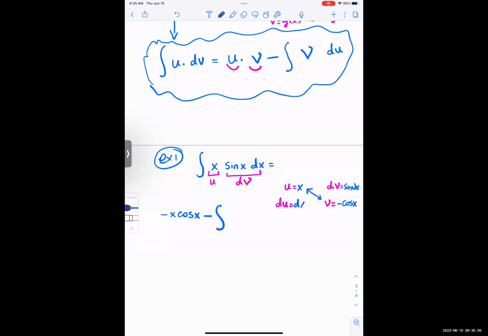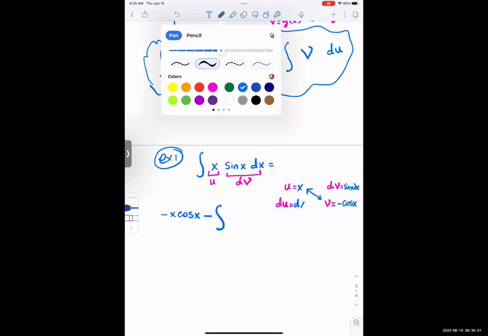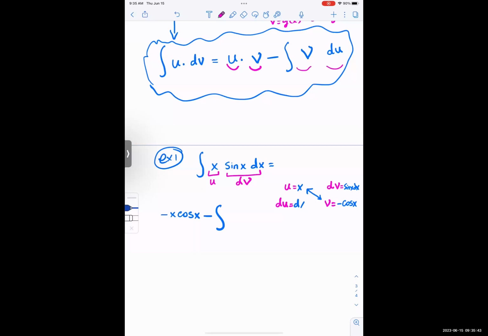So you are creating another integral, but hopefully that integral is easier than the one you began with. So uv minus the integral of v du. What is v? v is negative cosine x. v du is these two together multiplied: negative cosine x dx.